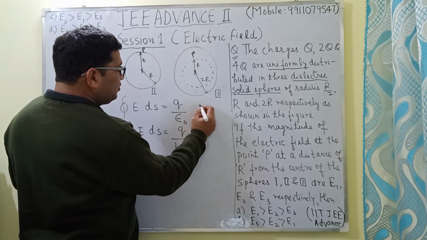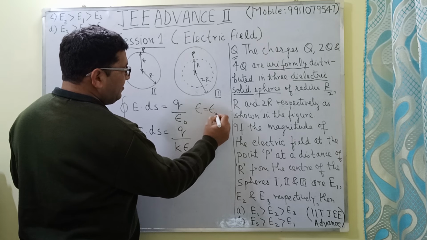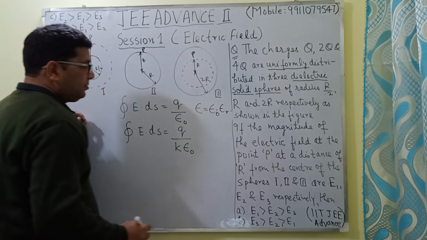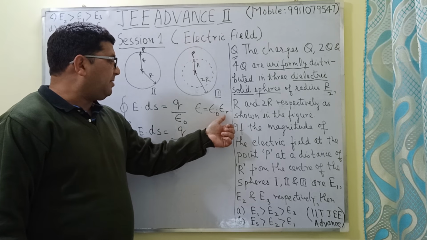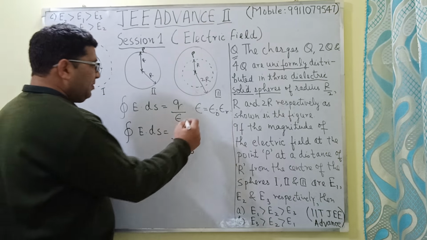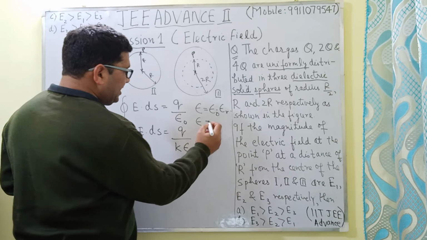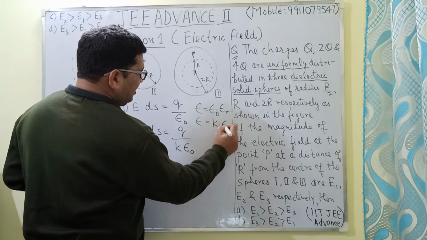We also know that there are 2 formulas. That is, the permittivity of a medium is equal to the permittivity of free space multiplied by the relative permittivity, and there is one more formula which I think every one of you must be knowing, that is, the permittivity of a medium is equal to K times epsilon naught.